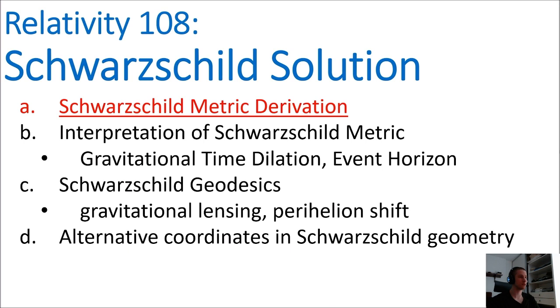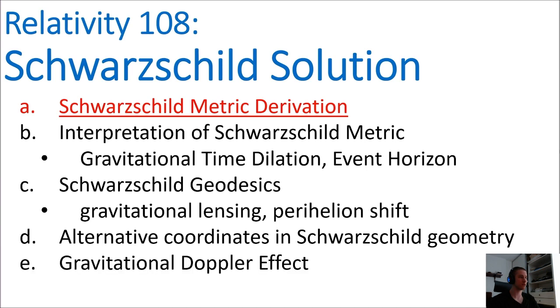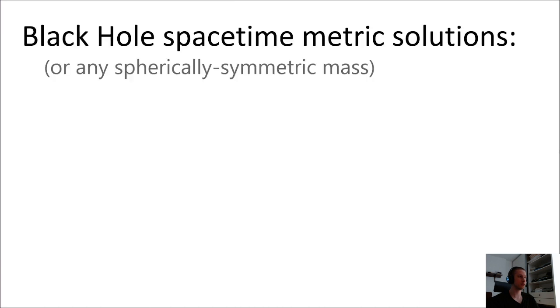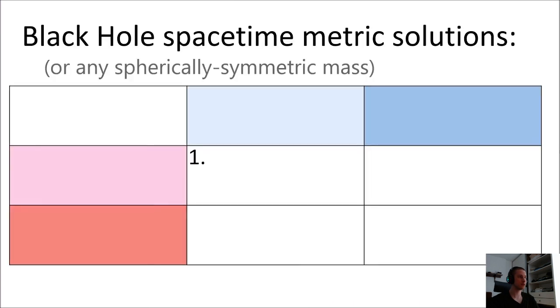In 108d, we'll cover some alternative coordinate systems for the Schwarzschild geometry that make it easier to understand. And in 108e, I'll cover the gravitational Doppler effect. I may also cover other topics like rotating black holes and the Kerr metric later. When it comes to black hole solutions, we can categorize them for electrically charged.